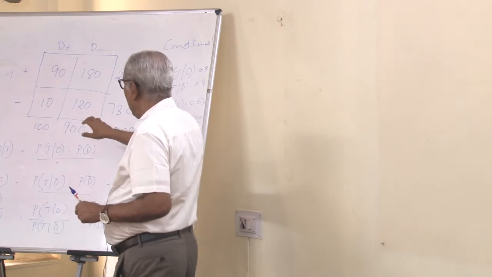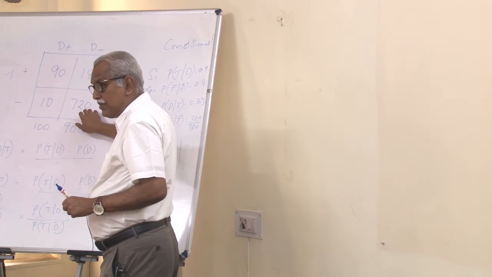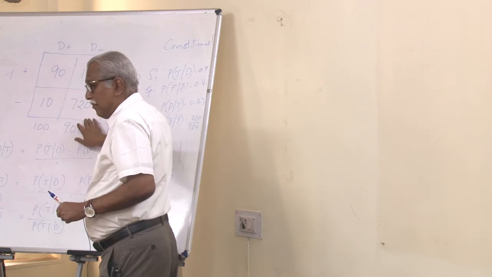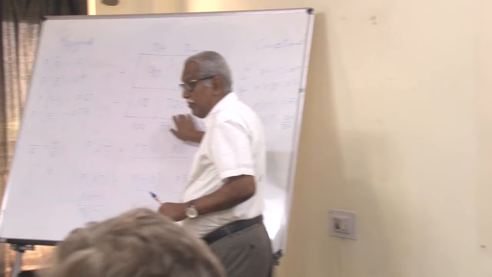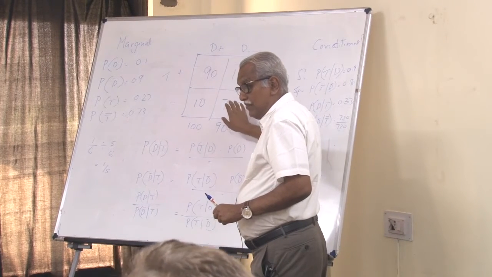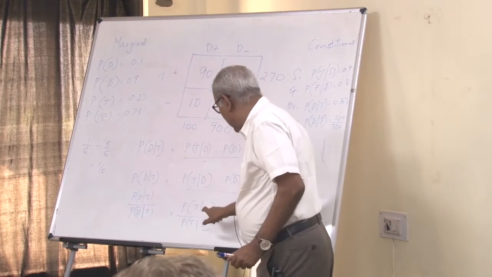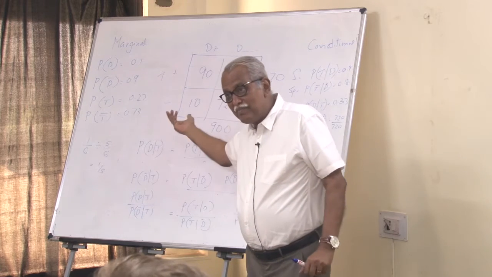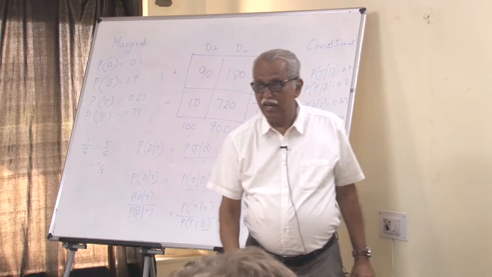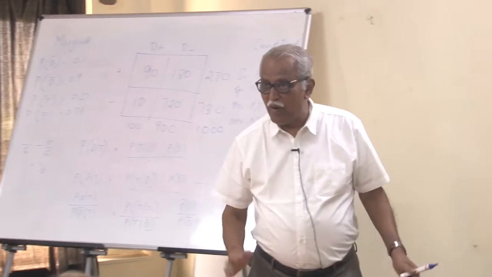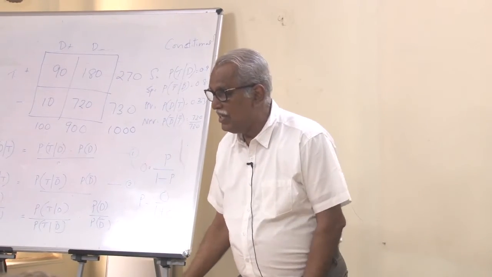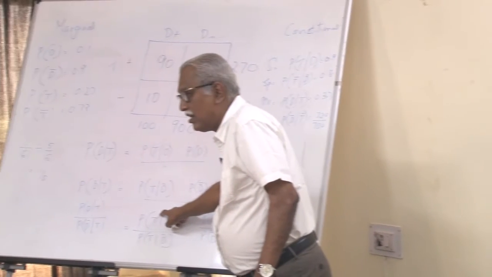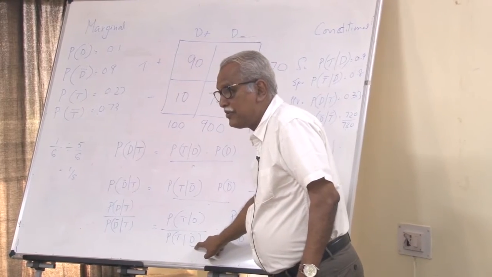Probability, given that you don't have a disease, that you will test negative is 80%. Given that you don't have disease, probability of test positive will be 20%. So 100 minus 80%, or 1 minus 0.8. That's what I'm talking about. So this is sensitivity, this is 1 minus specificity.